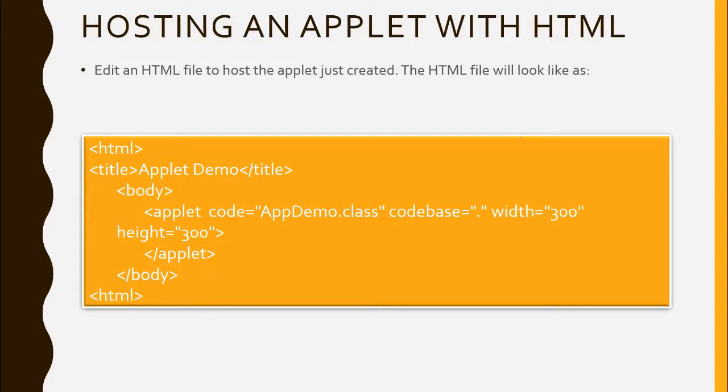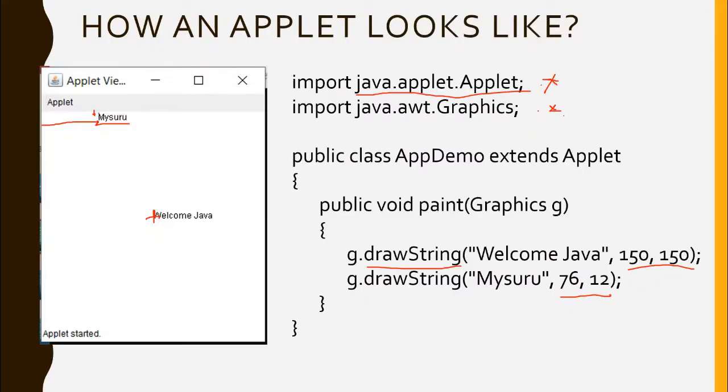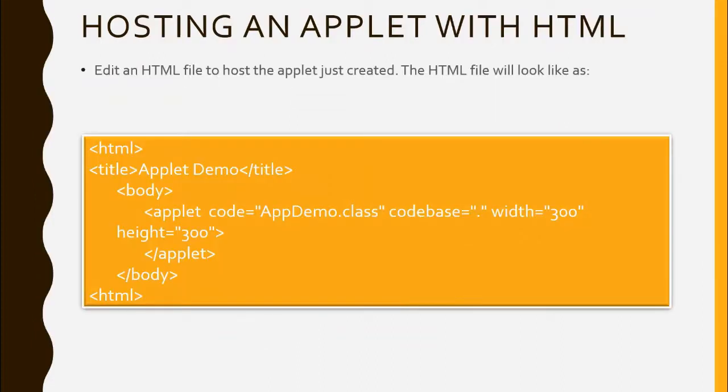I could have created an appletdemo.html file, and the code above was AppDemo, which extends Applet, so the file name is AppDemo.java. That is to be done. But for the .html, it need not be the same.